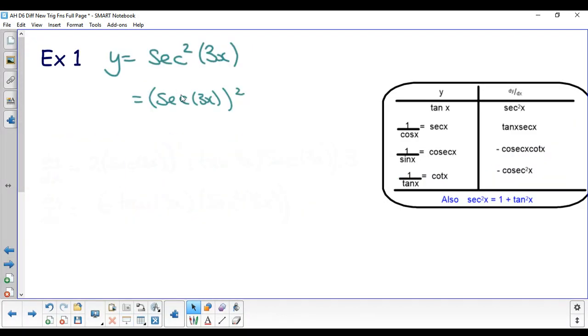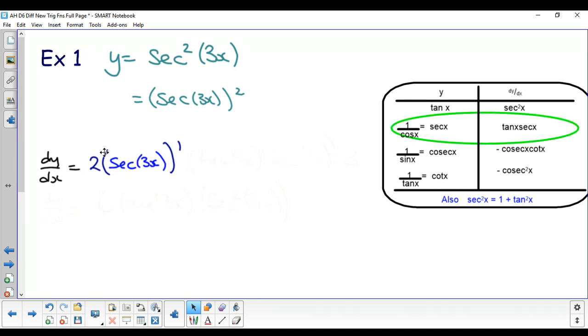Sec squared 3x is the same as sec 3x all squared. So if we go here, you'll see that you've got your sec there. Okay, if we have 2 comes down to the front to the 1, but then the chain rule will bring out the sec derivative, which is tan sec. So then we'll get that to the side.